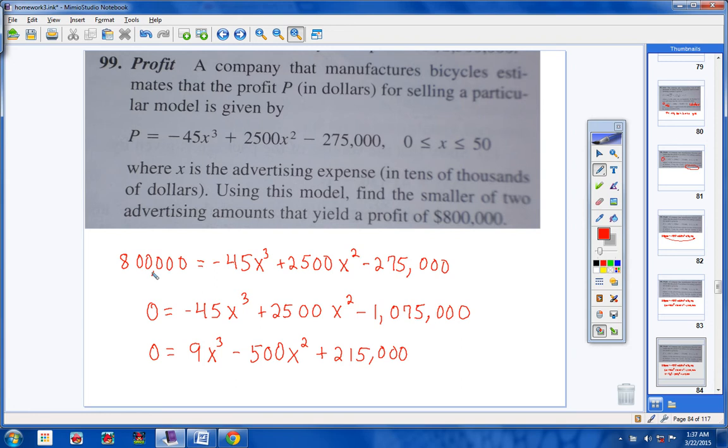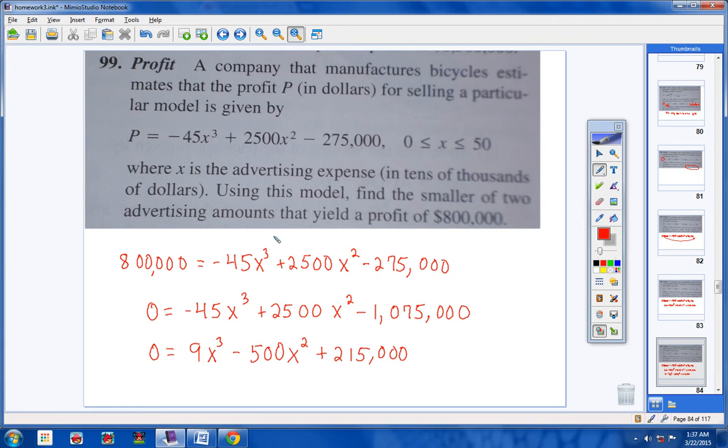Now again, students, look, all I can tell you is this. There's no way on the test or a quiz I'm going to give these problems to you and tell you to list out the possible rational zeros, the factors for 215,000. So using a graphing calculator, and I'm going to do that real quick because I'm really worried that you guys do not know how to use your windows properly, okay?